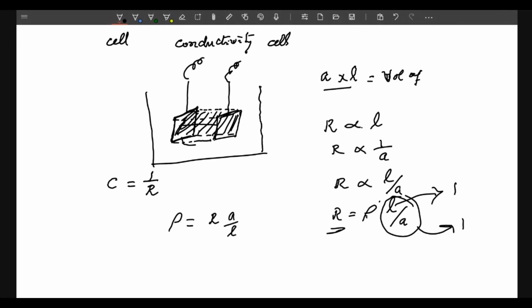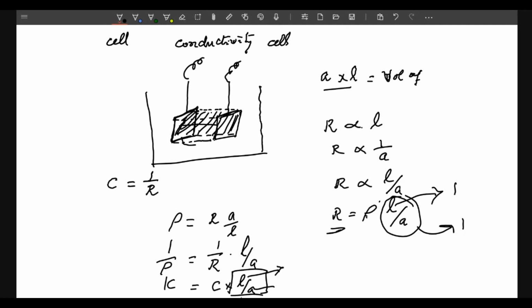The inverse of the resistance we call the conductance, and kappa is therefore 1 by R into L by A. We call it the specific conductance because it is the conductance between electrodes of 1 square centimeter area and 1 centimeter distance. Therefore, kappa is the conductance, 1 by R, into L by A. For a given cell, L and A cannot be altered, therefore L by A is called the cell constant.